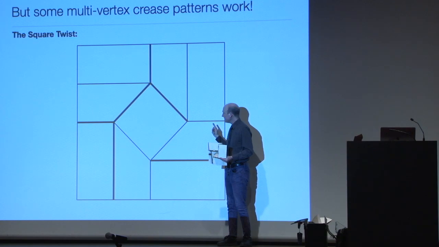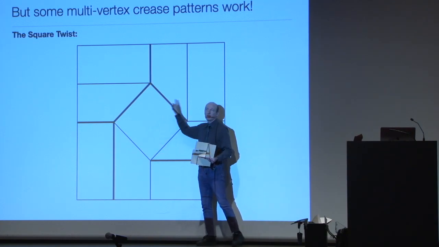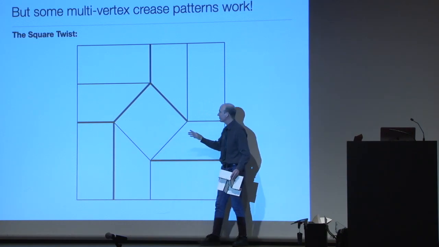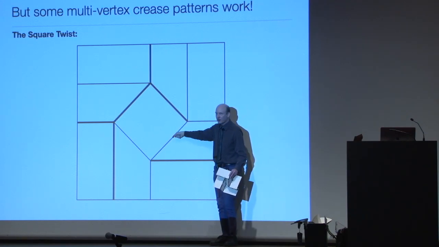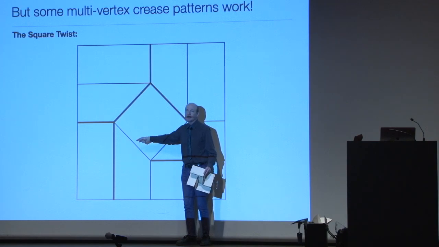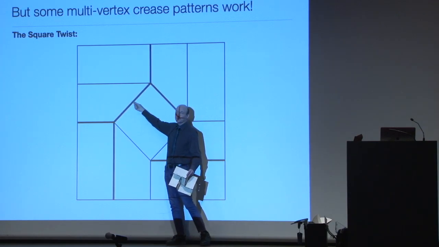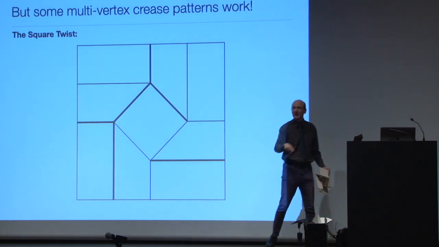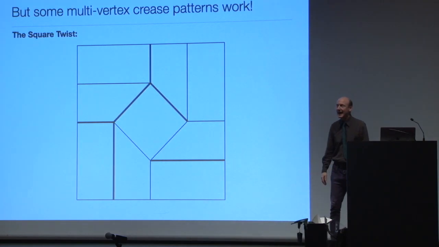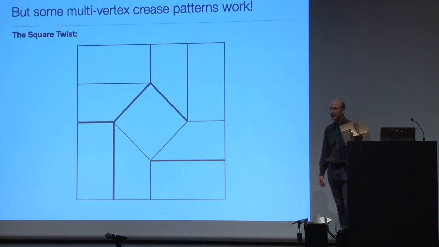And if you have all mountains going around here, then there's too much symmetry, and you end up having this crease has to fold faster than this one, which has to fold faster than that one, and so on. You get an inequality of their speeds in a loop, and that doesn't work. You can't do that with rigid folding.